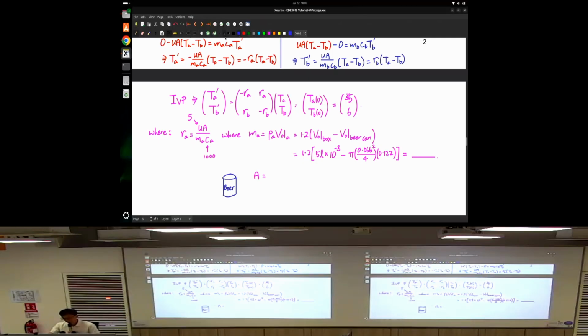So the area here will be this top area plus the side area. So therefore, you have pi d squared over 4 again, this guy, the top area, plus 2 pi RL or pi d L.